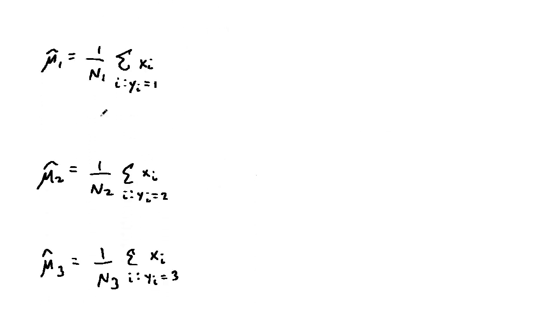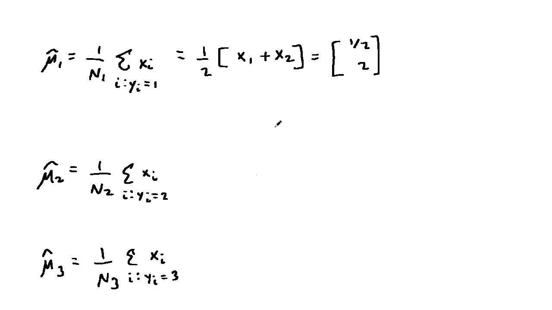Now mu1 hat is given by 1 over n1 times the sum of xi where yi is 1. So that's 1 over 2 times the x's of class 1, which are the first two, x1 and x2. So we get this. Mu2 hat is 1 over n2 times the sum of the x's where the class is 2.